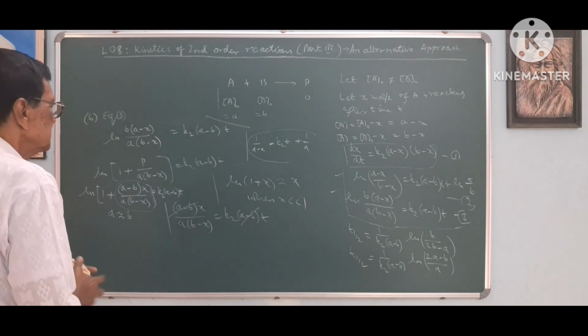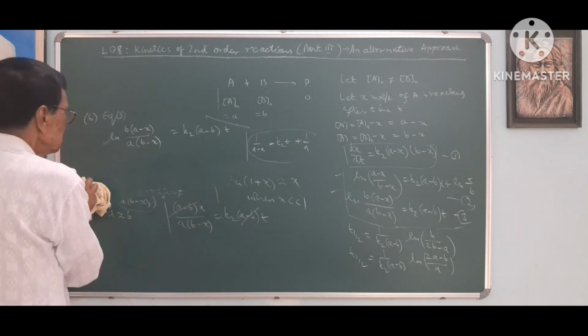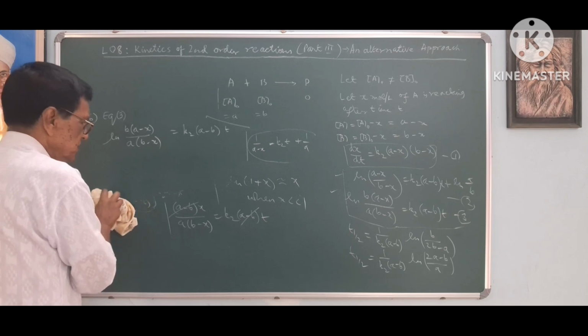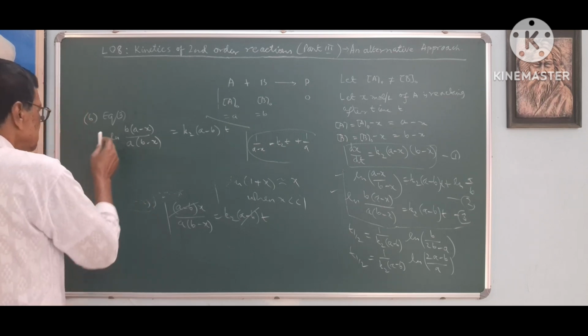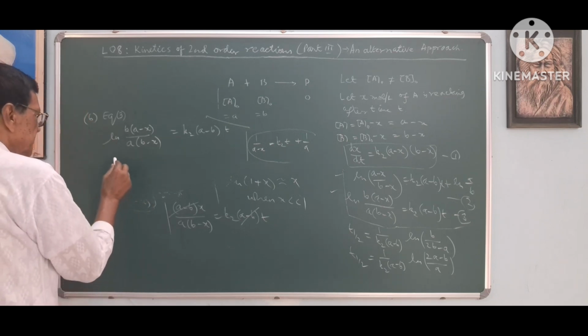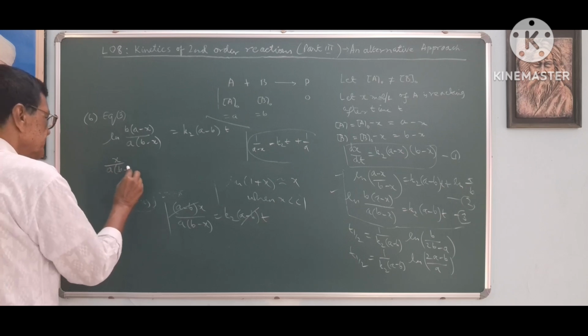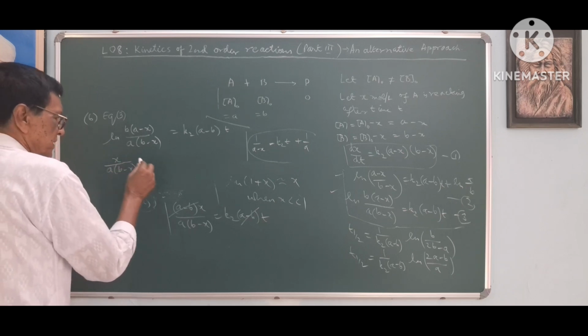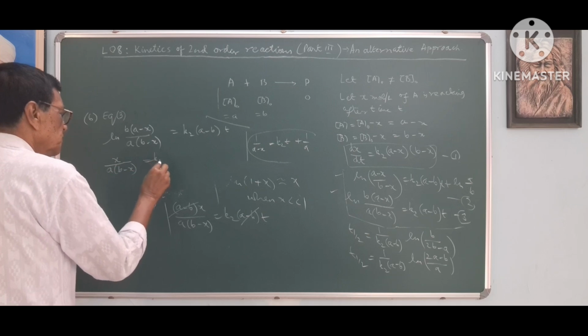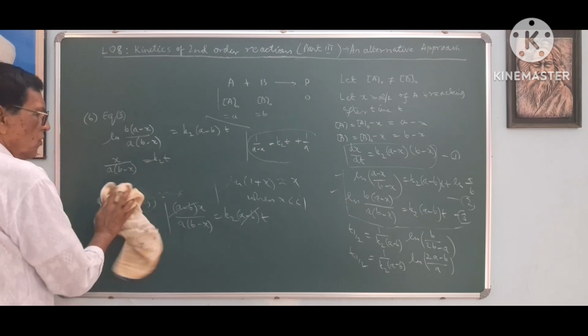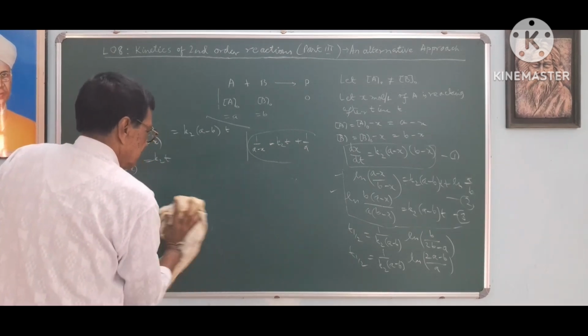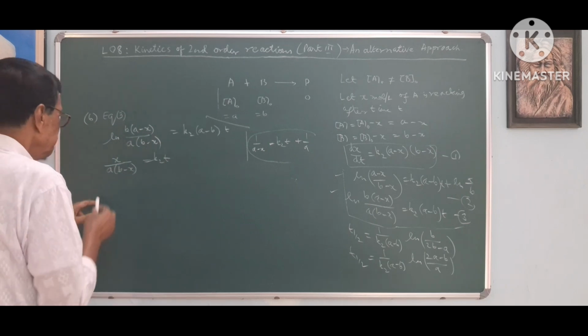So this equation turns into X by A into (A minus X) equals k2 t, or this term can be split up.